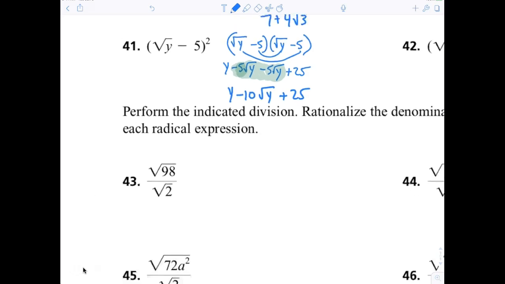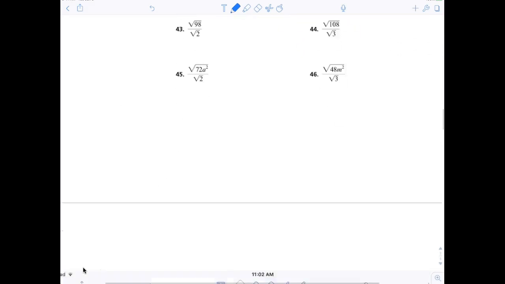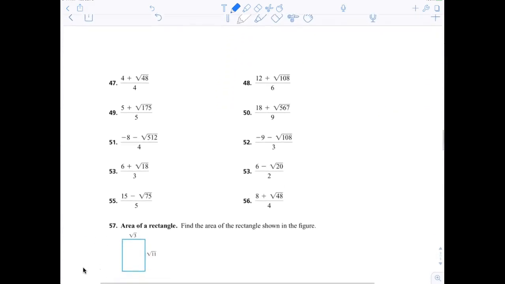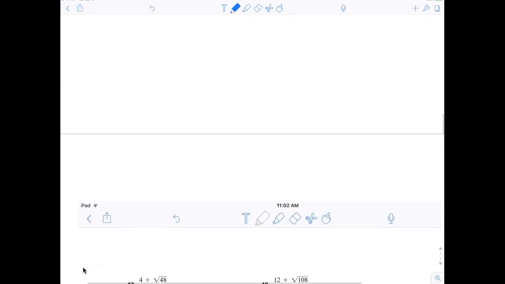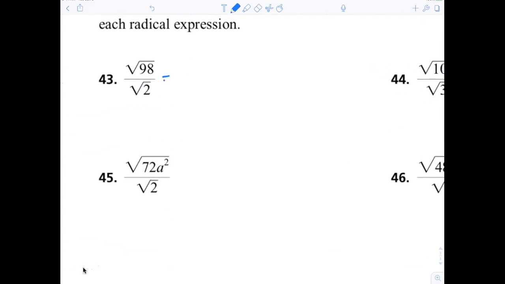Now what we're going to do here is I'm going to get into a little bit of division, but we're going to do a lot more tomorrow on division, right? So what does the square root of 98 divided by the square root of 2 equal? Square root of 49. And what's the square root of 49? Beautiful. 7.